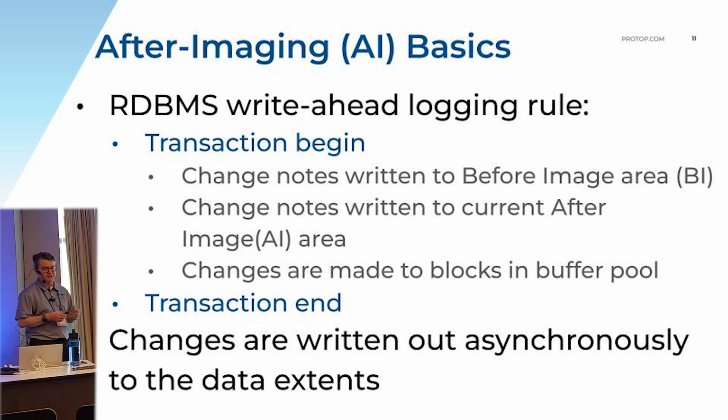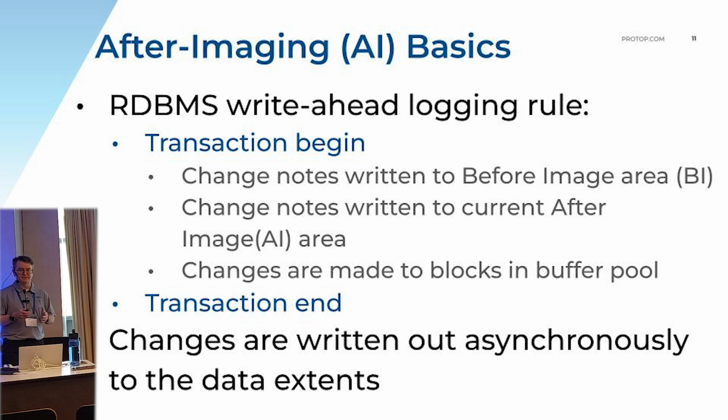So a transaction starts, and the first thing that has to happen is that the notes that describe that change are written to the before image file. So this is the database's undo redo log, and that's required both for durability of changes and also to facilitate crash recovery. After that, the changes are written to the AI area, assuming that AI is enabled.